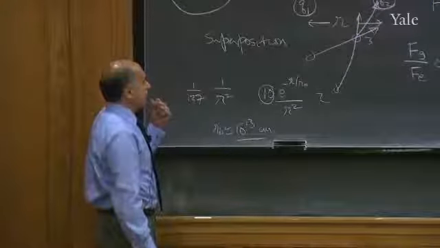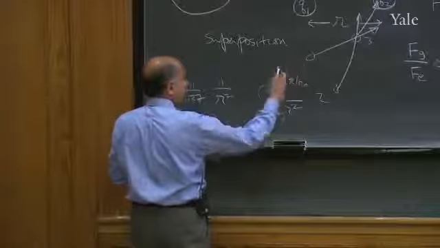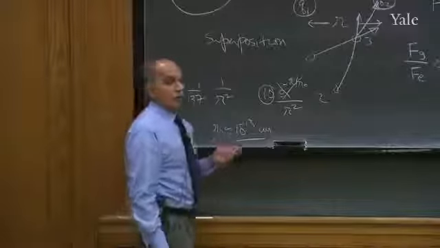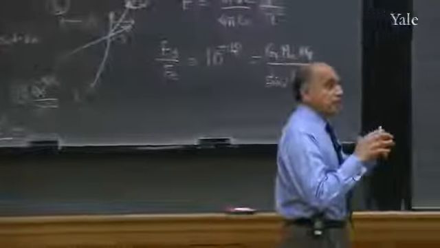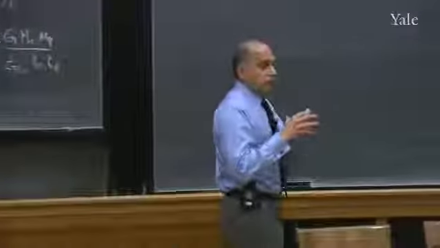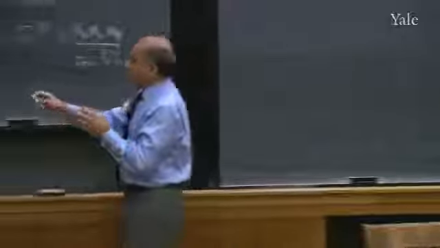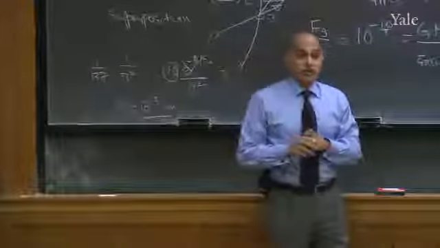Whereas if r is much smaller than r naught, say r is 0.1 of r naught, so you can forget this number, e to the minus 0.1 is roughly 1, then this 10 will dominate the 1 over 100. So if you're sitting inside the nucleus, the nuclear force is numerically strong, not only because of the number in front of it, but also because this exponential factor is not kicked in.